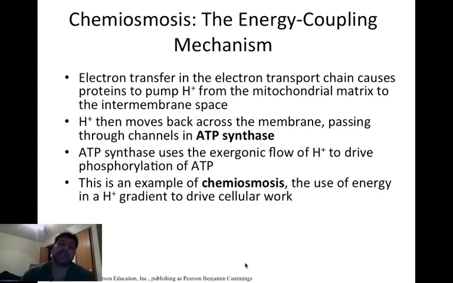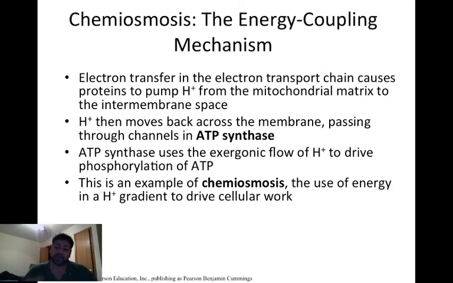Okay, now we're going to get into chemiosmosis. So remember the whole process then. We have electrons now that are going to be transferred in through the electron transport chain. And remember, this is going to cause a pump of hydrogen ions from the mitochondrial matrix to the intermembrane space. And then hydrogens are ultimately going to move back across the membrane.